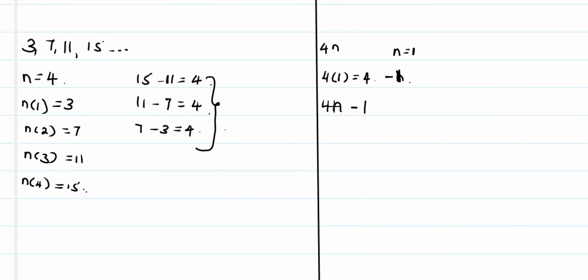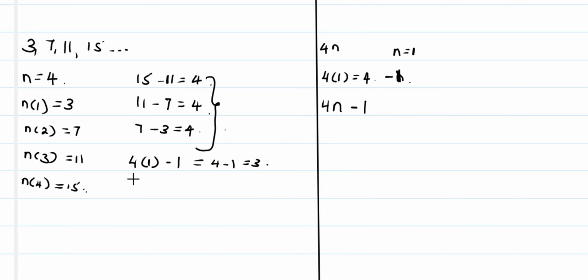This becomes our nth term. And then from there, we can just confirm if it is true. We can apply this formula to see if we get these terms, 3, 7, 11, and 15. So we start with the first term. When n is 1, I have 4 into 1 minus 1, which is 4 minus 1, equal to 3.